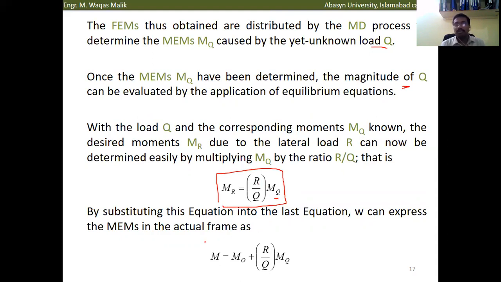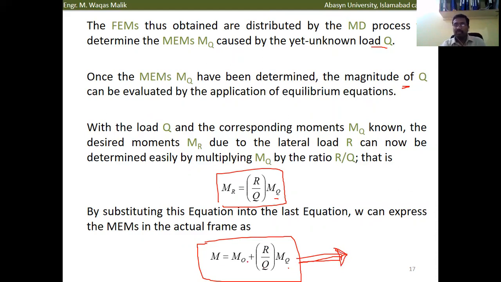So the final equation for the frame with the side sway becomes M is equal to M naught plus R by Q times MQ. And this is the final equation that we are going to use in these side sway frames for the calculation of the member end moments.